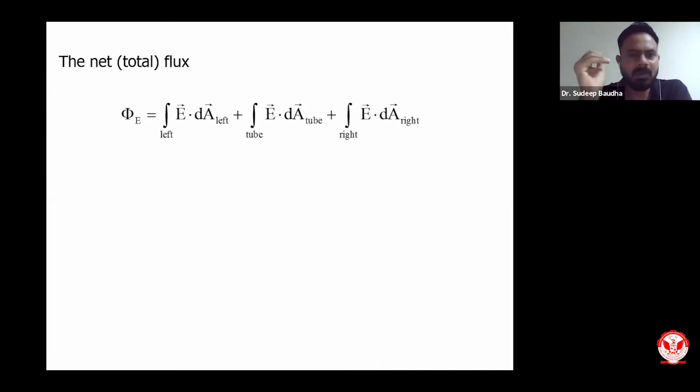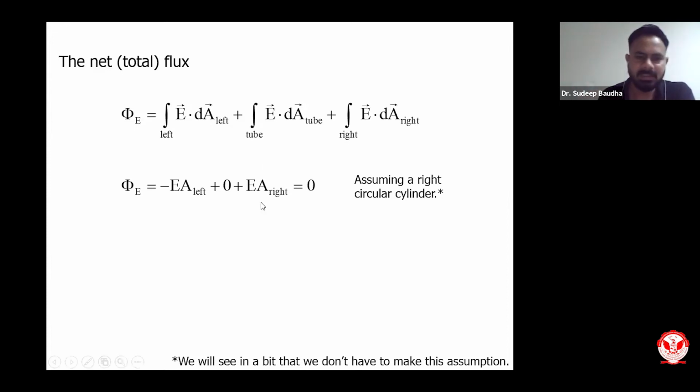Now I can keep all the values, and you can see that due to the tube, the net flux is 0. Due to the left, I get EA left. This is minus because the angle is 180 degrees. And then we have done for the right, EA right. It will be positive because the angle is 0 degree. Now, A right and A left for a cylinder are exactly the same, as you all know.